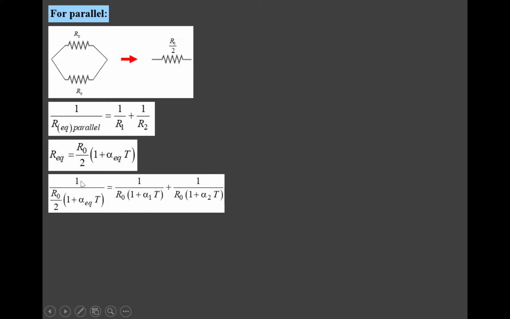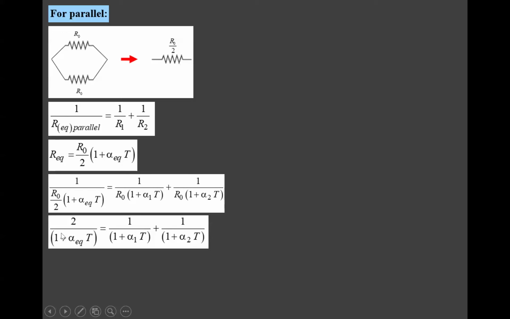Substituting the values: 1 upon [R0 by 2 into (1 plus alpha equivalent T)] equals 1 upon [R0 into (1 plus alpha 1 T)] plus 1 upon [R0 into (1 plus alpha 2 T)]. R0 cancels from both sides, and the 2 goes to the numerator. So 2 upon (1 plus alpha equivalent T) equals 1 upon (1 plus alpha 1 T) plus 1 upon (1 plus alpha 2 T).